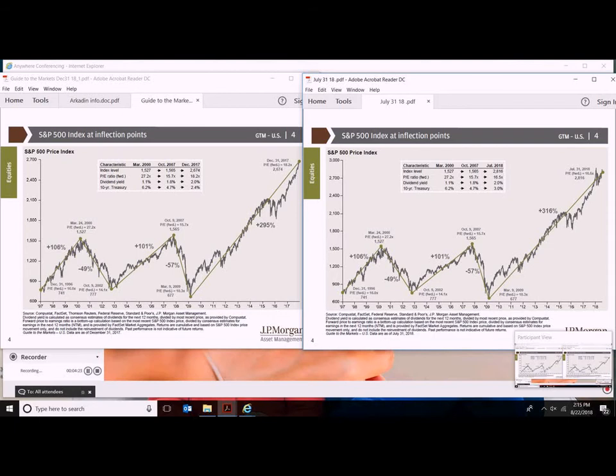We saw between January 1st and July 31st, 2018, even though the markets are even higher than they were from the bottom, here's the very bottom of 2009, the S&P is up 316% since that time frame. They're still relatively fairly valued, not necessarily overvalued.